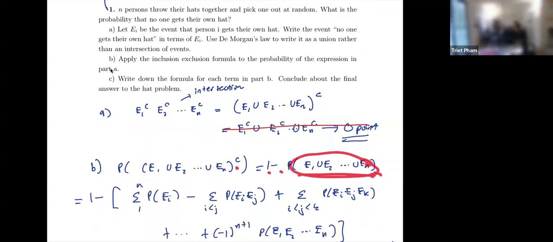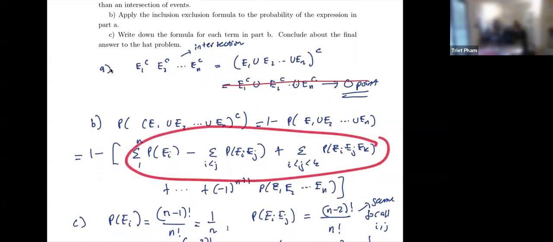From which you would apply the inclusion-exclusion formula at this stage, giving us the general inclusion-exclusion formula, which starts from adding all the first layer probabilities, subtracting all the second layer, adding all the third layers, and so on, until you reach the last layer.